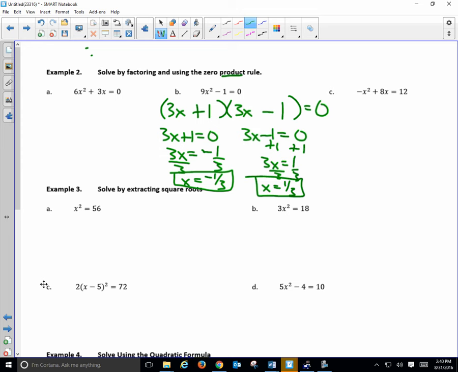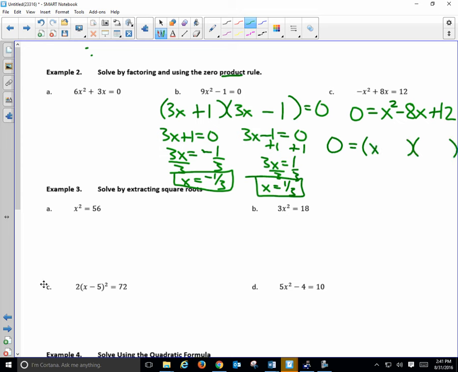So let's make it equal to 0. I'm going to put the x squared over here. I'll subtract the 8x over here. 0 can be on the left-hand side instead of the right-hand side. That's fine. Does x squared minus 8x plus 12 factor? To what?